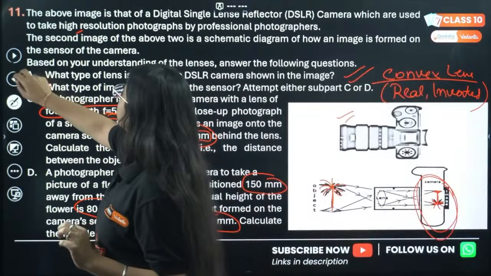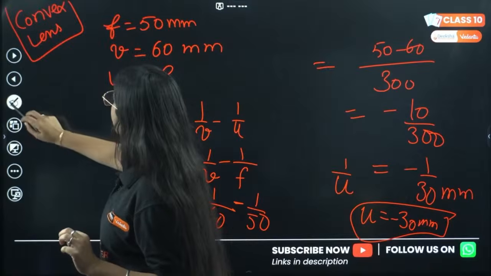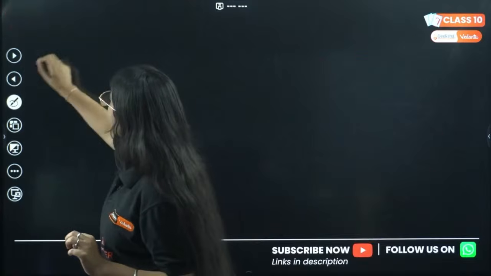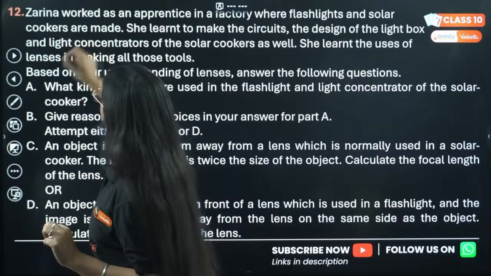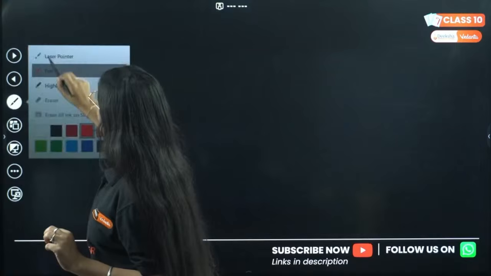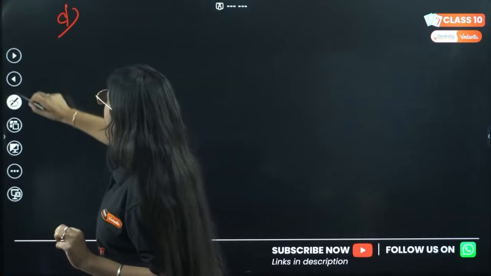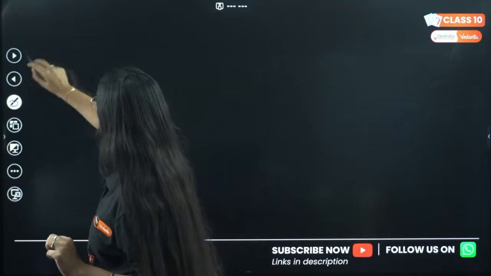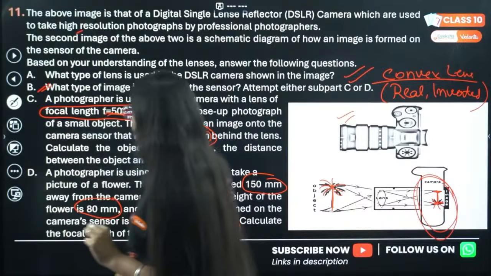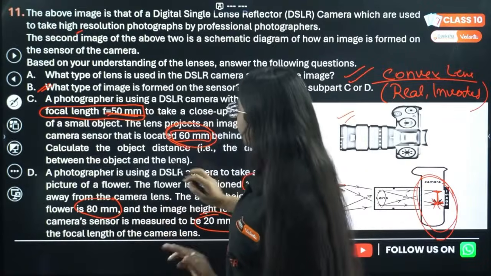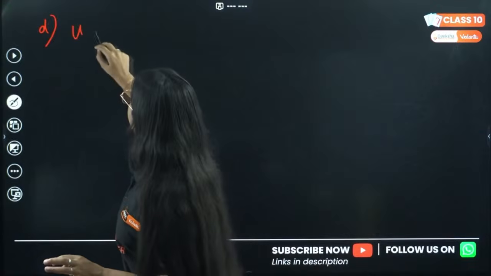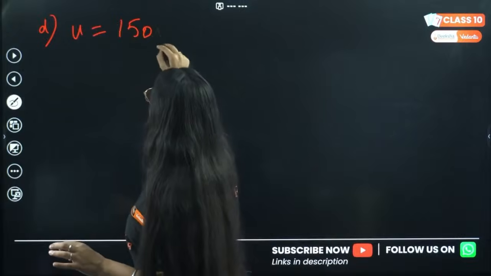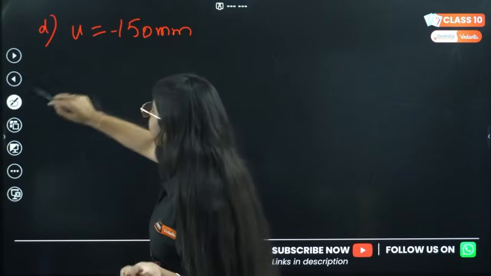Can I erase this? Okay, I don't have extra. Okay, I'll erase all this. We'll do the D part. Okay, D part says we have u as 150 mm and u is always negative.